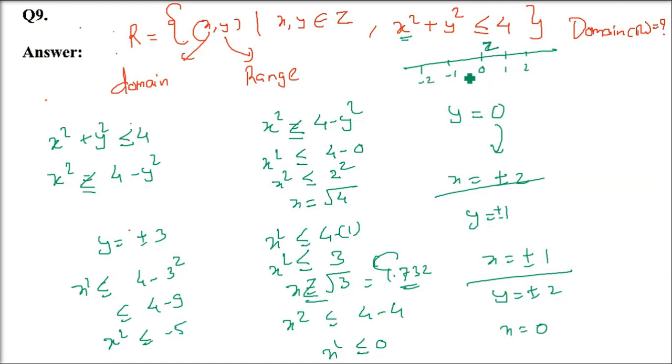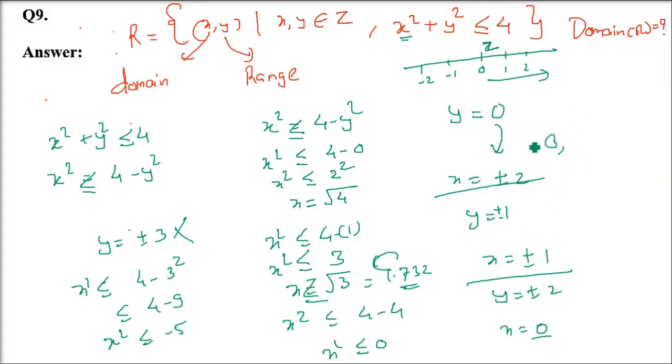So the condition breaks. So when you get plus minus 2, plus minus 1 and 0, this is the domain.